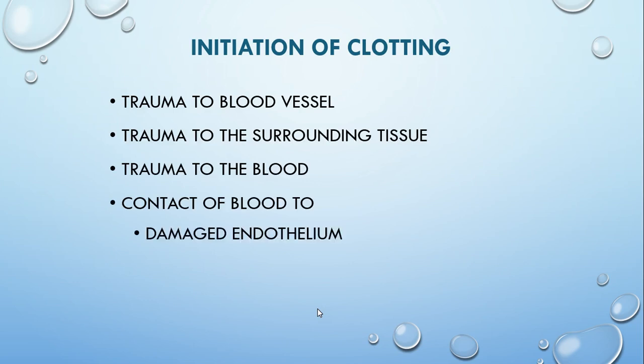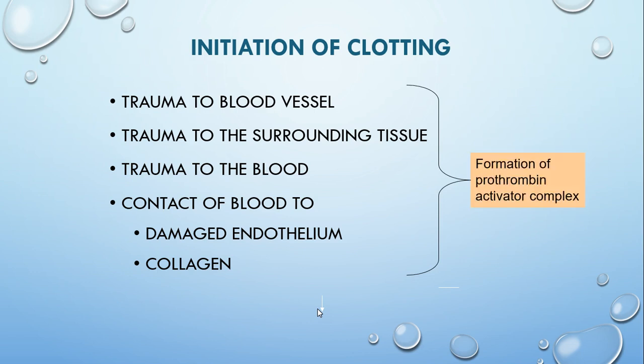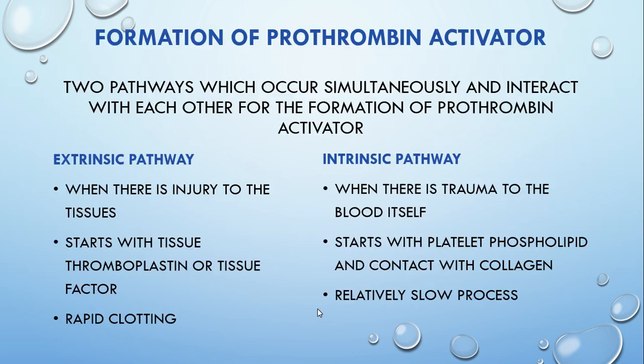The initiation of clotting depends upon the trauma of the vessel wall, trauma of the surrounding tissues, trauma of the blood itself, and contact of blood to damaged endothelium or exposed collagen. All of these can lead to formation of prothrombin activator by two pathways, which are the extrinsic pathway and intrinsic pathway. The intrinsic pathway is activated by the elements present within the blood itself, and it is activated when there is trauma to the blood.